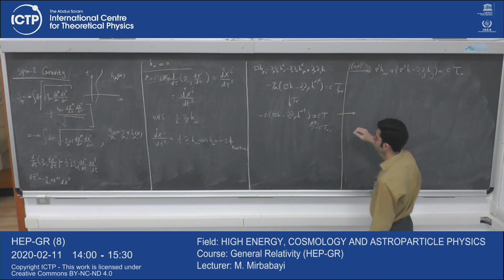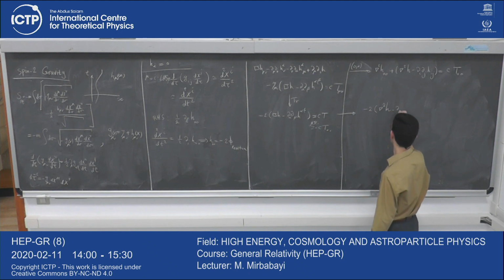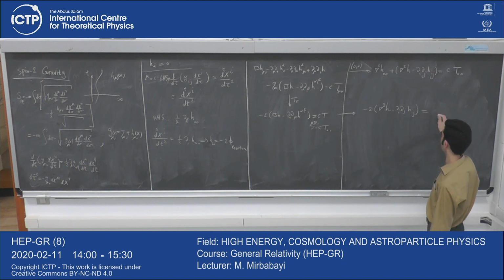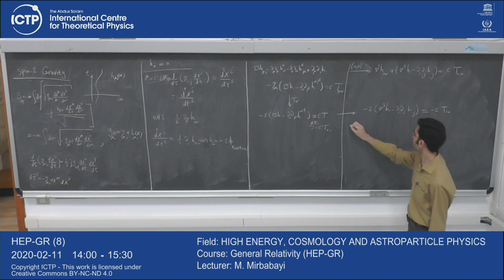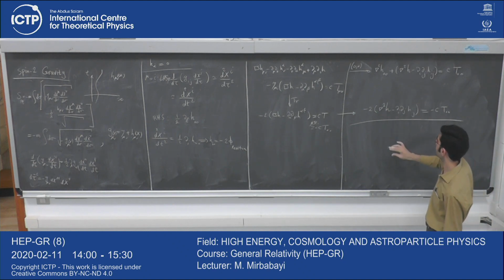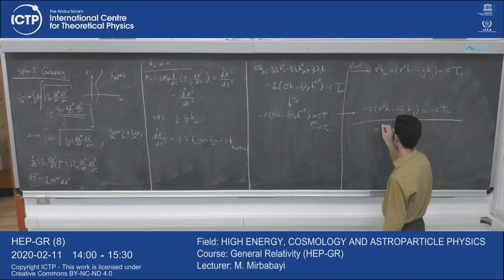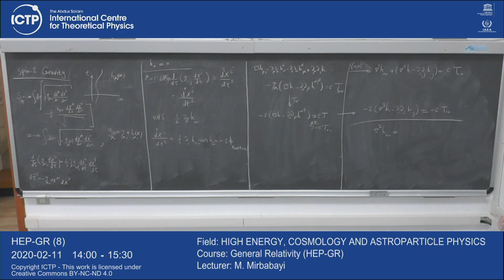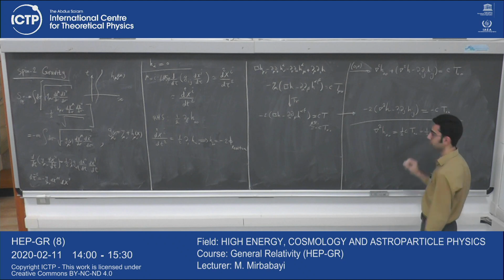But here we get minus 2 Laplacian h minus ∂_i ∂_j h_ij is equal to minus c T_00. So we can combine these two equations to eliminate the trace and h_ij to learn that Laplacian of h_00 is equal to 1/2 c T_00, which is 1/2 c times rho.